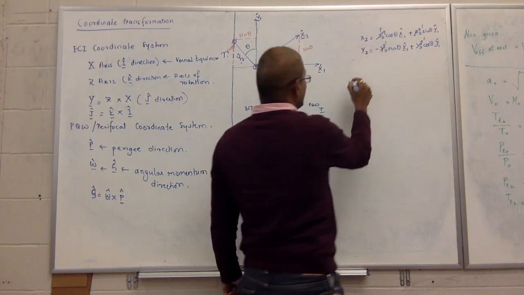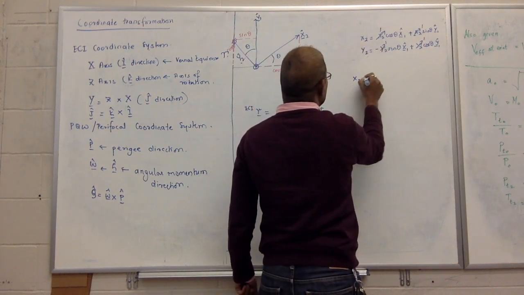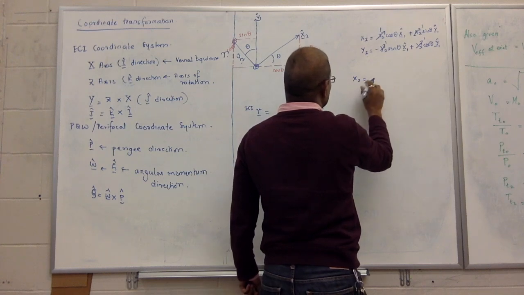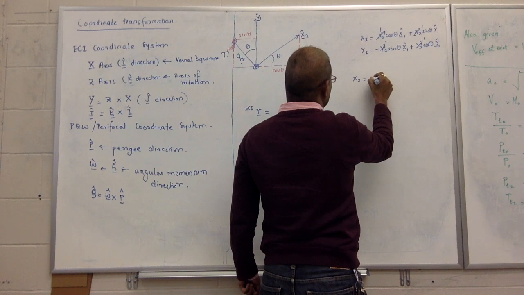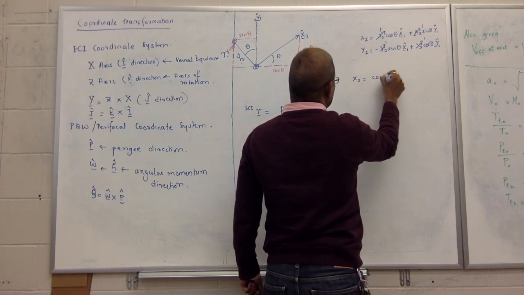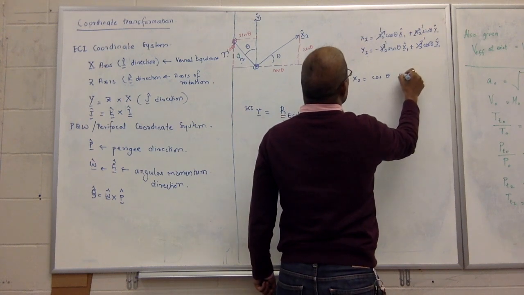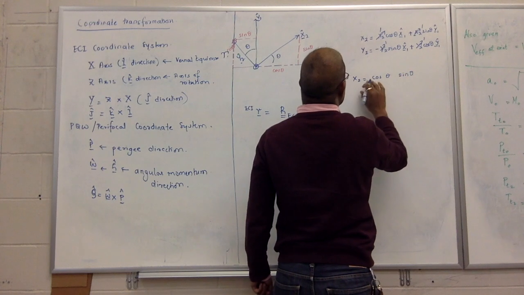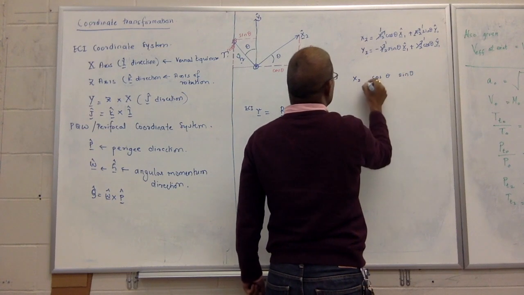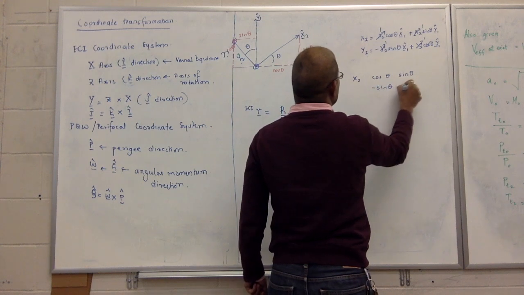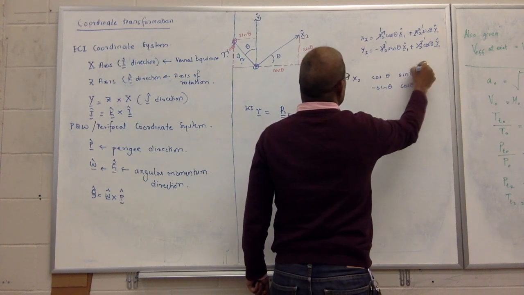So here you can write this as x2 equal to X, cosine theta, sine theta, minus sine theta, cosine theta.